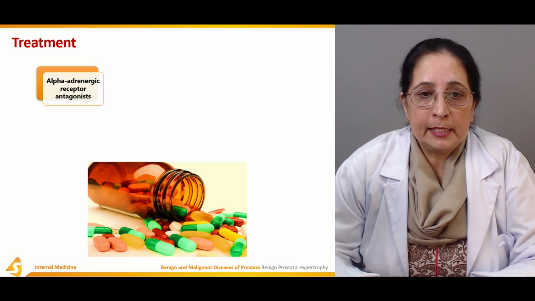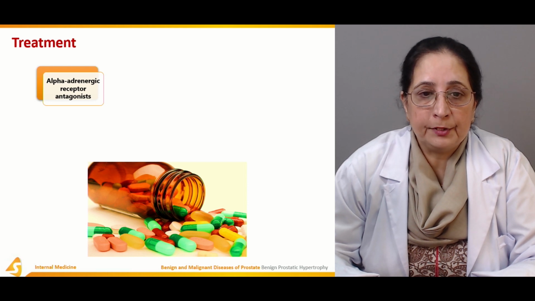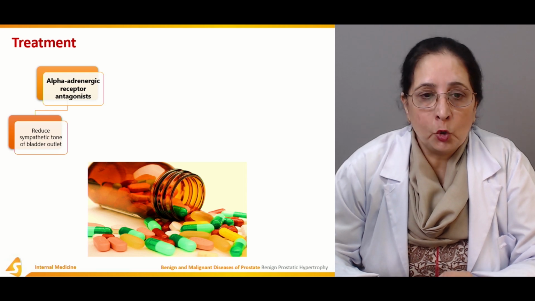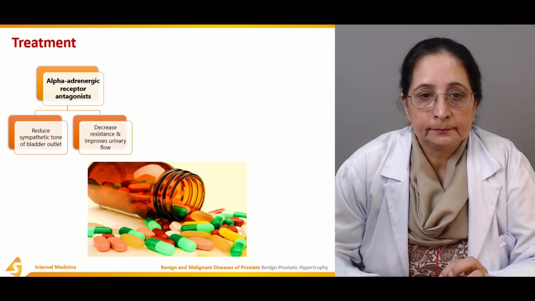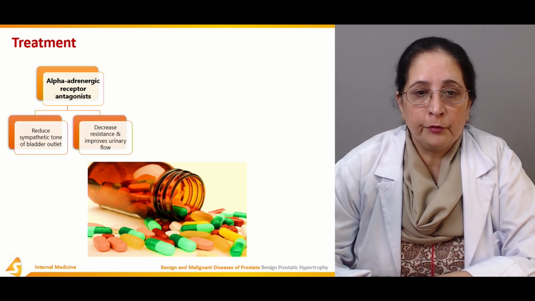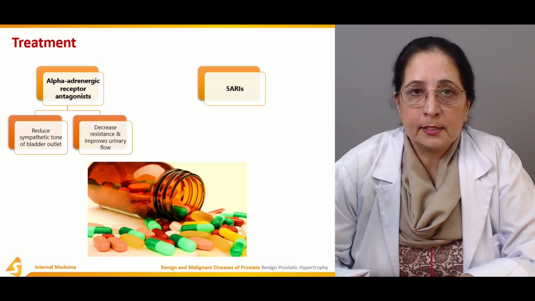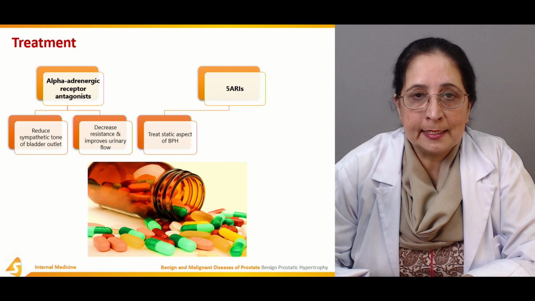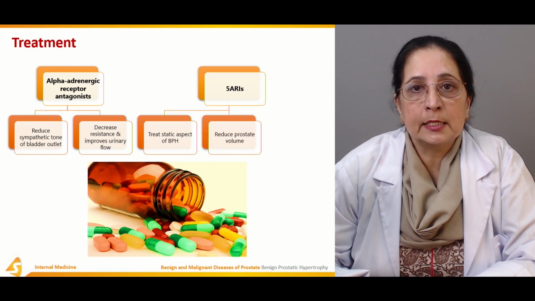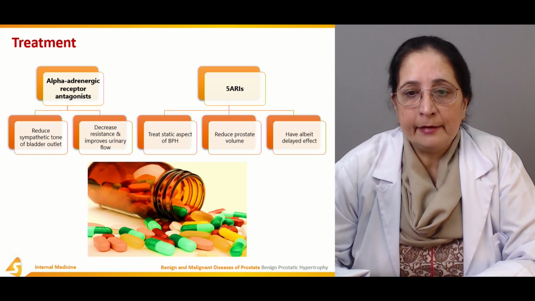Also, for the drugs that can be used, we have alpha adrenergic receptor antagonists, which reduce the sympathetic tone of the bladder outlet, decrease resistance and improve urinary flow. Then we have 5-alpha reductase inhibitors, which treat the static aspect of BPH, reduce prostate volume and have albeit a delayed effect.